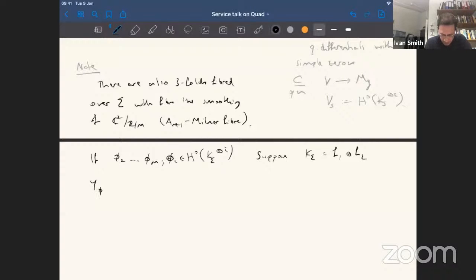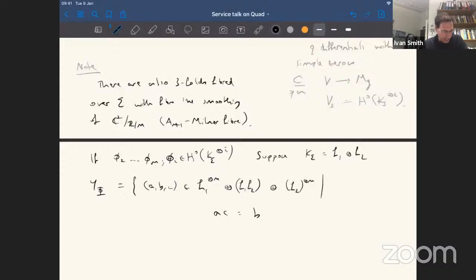And then I write down something associated to this tuple of differentials, which again has the same rough shape.